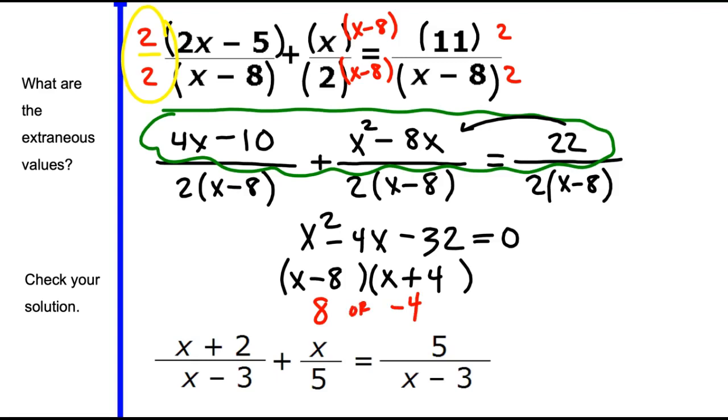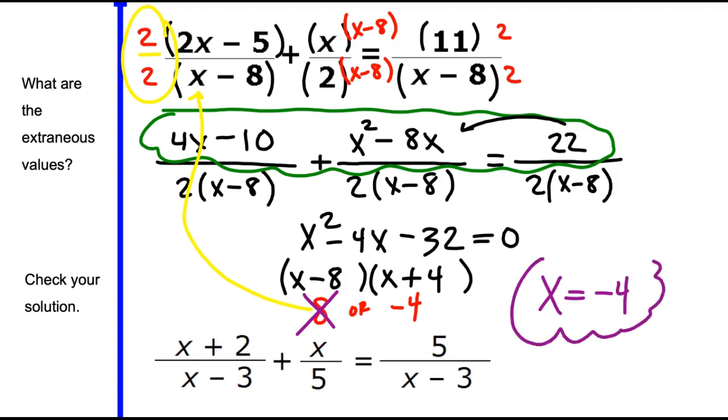But I'll do a little extraneous check, and one of them is going to fail. Which one? 8. 8 is going to be an extraneous fail. So my only solution is x equals negative 4. Sometimes everything might fail, in which case if all your solutions fail, then there would be no solution.